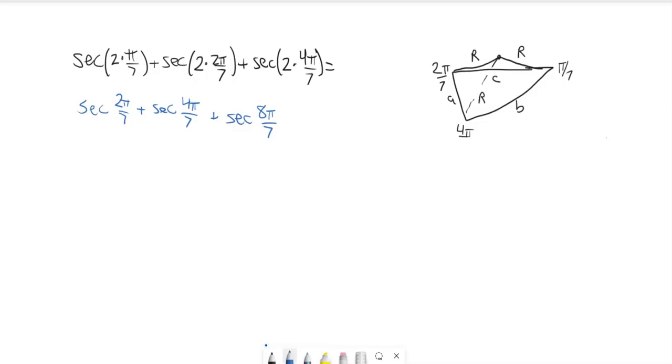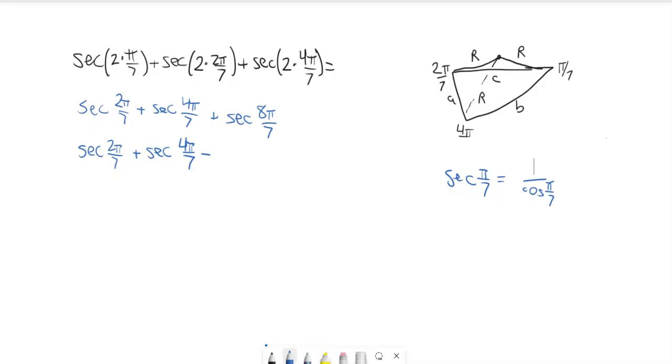And the thing about secant is the secant of any given angle is equivalent to 1 over cosine of that angle, as you will see here in a second when I write this out. So to start with, I'm going to rewrite this in such a way that the 8 pi over 7 becomes something that we've dealt with before.